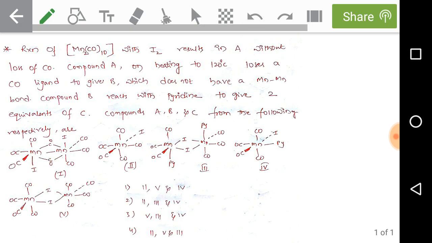When that happens, 1 iodine and 1 pyridine go to one complex and 1 iodine and 1 pyridine to the other complex, which are chemically equivalent. So that must be the fourth one. Just check the answer: the first option is the answer for the given problem.